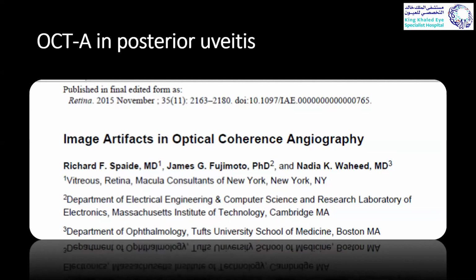And we know that these diseases are rare. So to comment on or to use angio-OCT in these patients and to put forward our theories, we need to test these machines first, and select a large volume of patients with the same disease, and check if we get the same or different results.